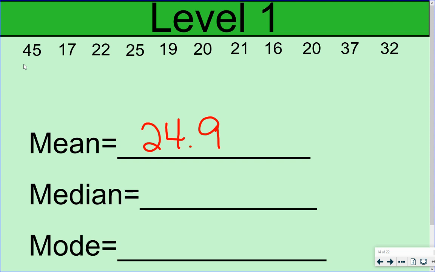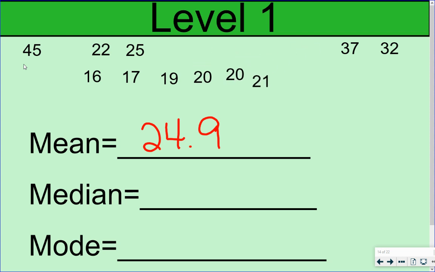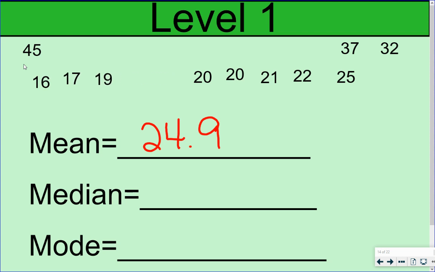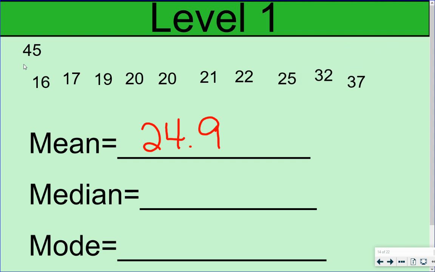The lowest number, I think it's 16, and then I've got 17, 19, 20. There's 2 of those. And there's a 21, and 22, 25. I'm going to bring these over a little bit because it's not quite fitting. Okay, now I have 32, 37, and 45.